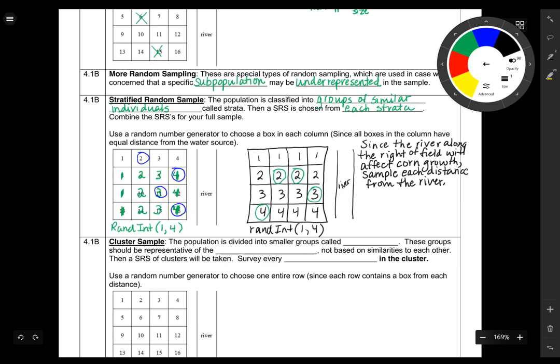So stratified random sampling works best because it takes a sample from each soil type.